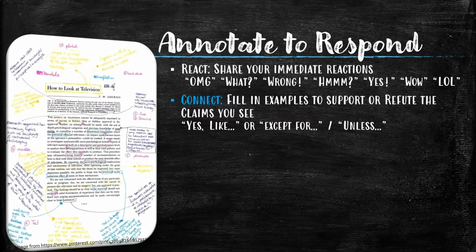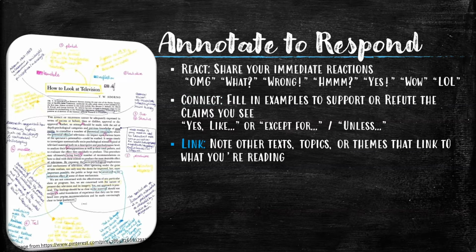So maybe this is an old text, or maybe it's a perspective that you don't agree with. So they can make a claim and you can say, no, except for these instances. Or you could say, unless this happens, then your claim is wrong. So you can talk back and forth with the text. You can agree, you can disagree, you can have a mixed response.